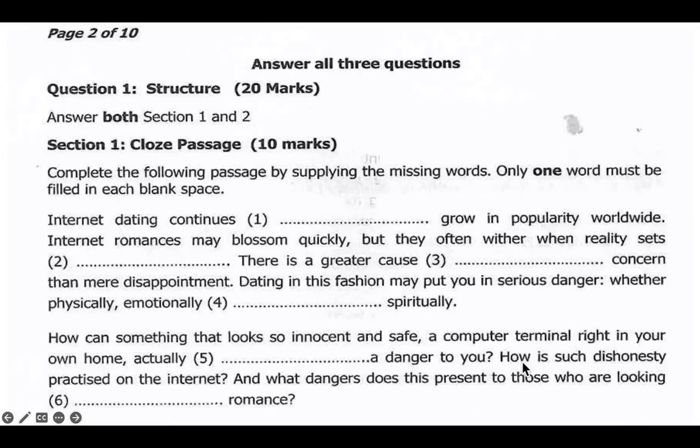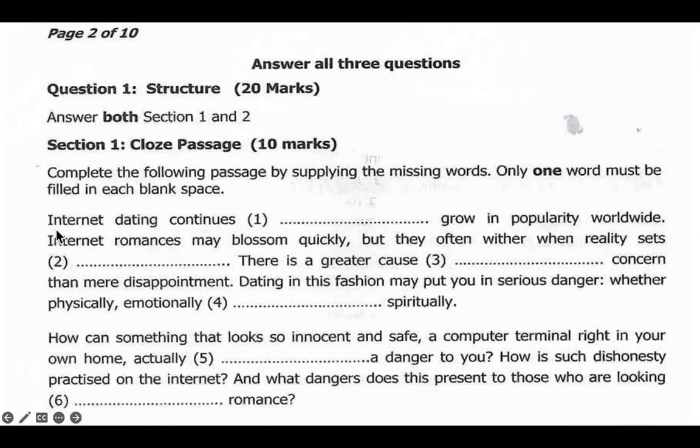Going through for the first time: how is such dishonesty practiced on the internet? And what dangers does this present to those who are looking for romance? Here we can say "looking for", because when you're looking, you look for romance.